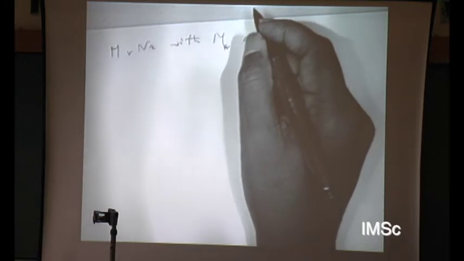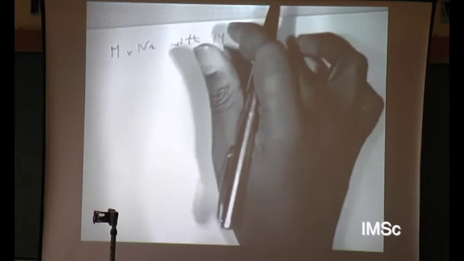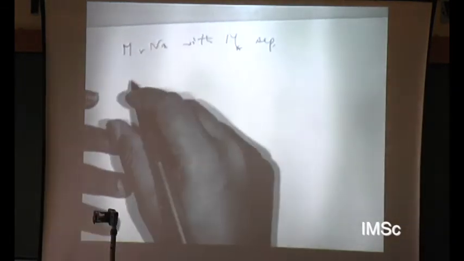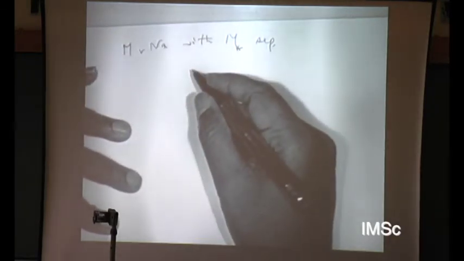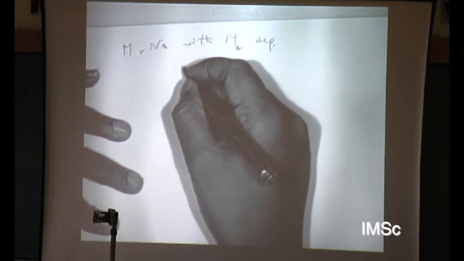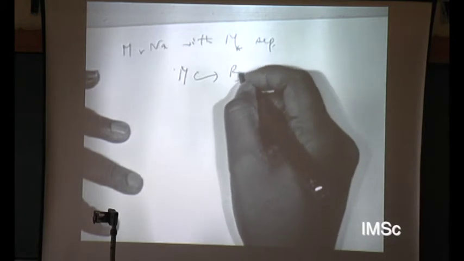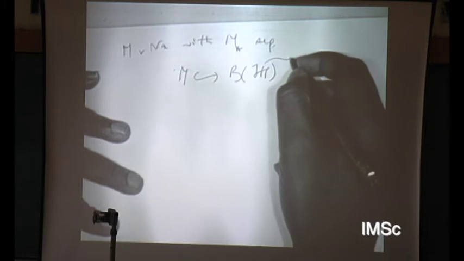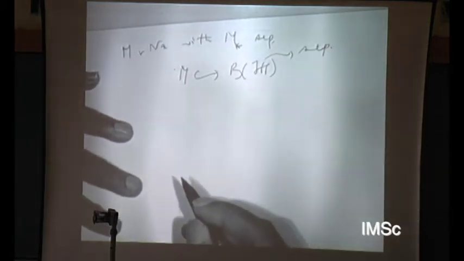Those are the only von Neumann algebras we look at, just as the only Hilbert spaces we look at are the separable ones. So any such von Neumann algebra will admit an action on B of H for separable H. Is M star separable or H separable?